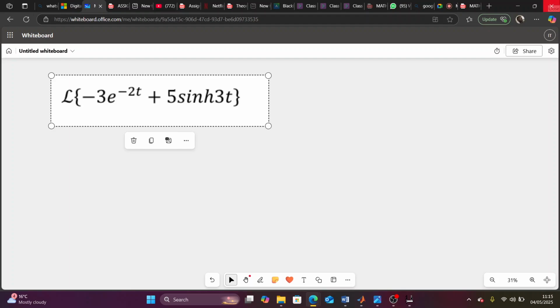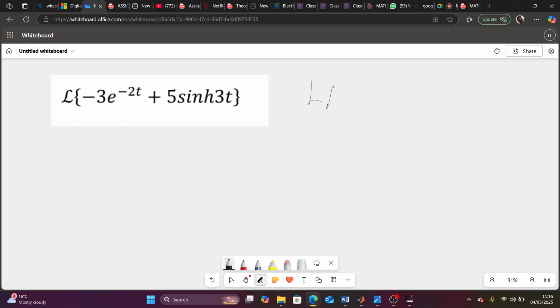If you do, simply recall that the Laplace of an exponential, let's say e to the bt, is simply equal to 1 over p minus b.